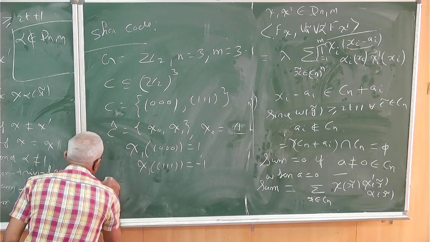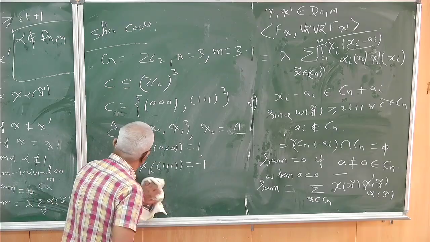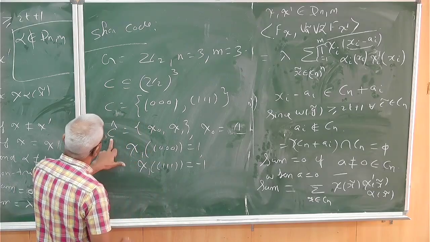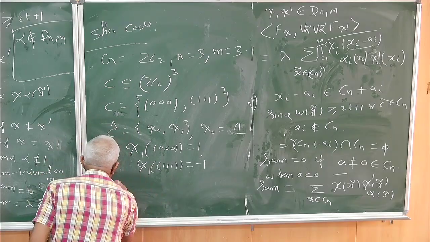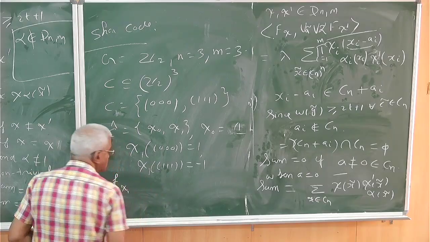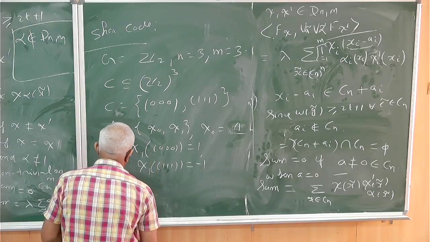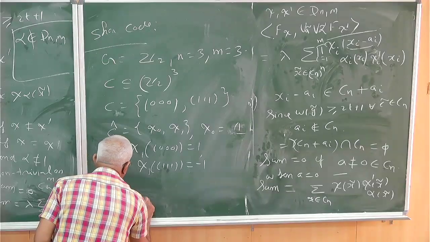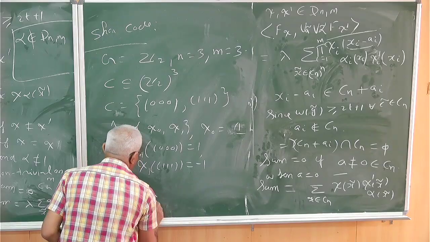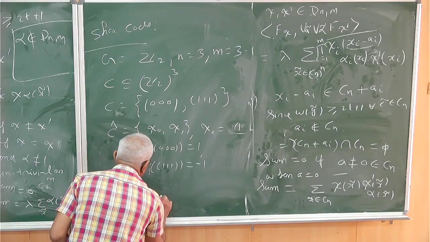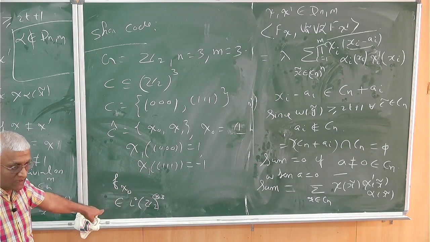Now you have to define a D contained in C hat cubed, I mean, C hat as a function, let's write. We want to consider F chi 1 and F chi naught, which are elements of L2 of Z2^3.